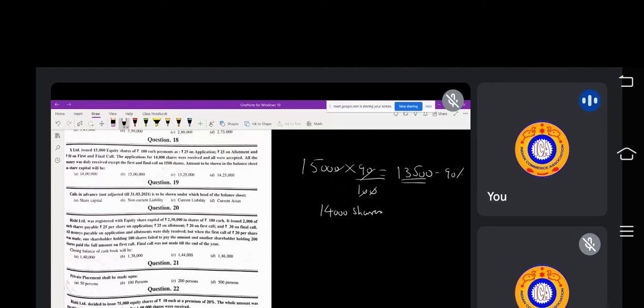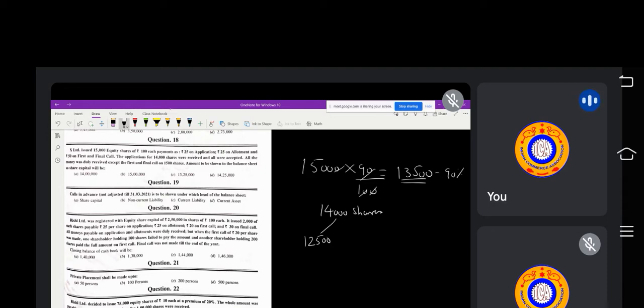Let's proceed further. It is mentioned that all the money was duly received except the first and final call on 1,500 shares, which means in these 14,000 shares, the company has received the entire face value, that is rupees 100, on how many shares? 12,500 shares.